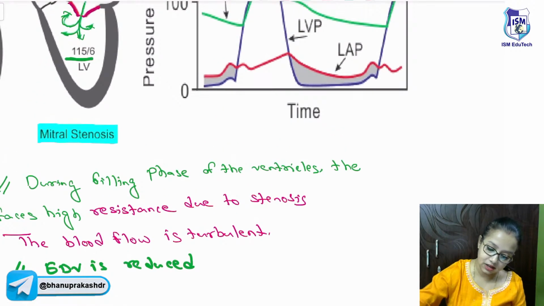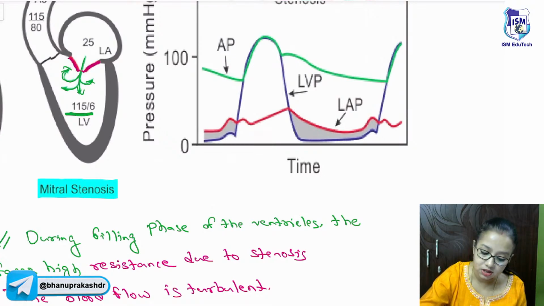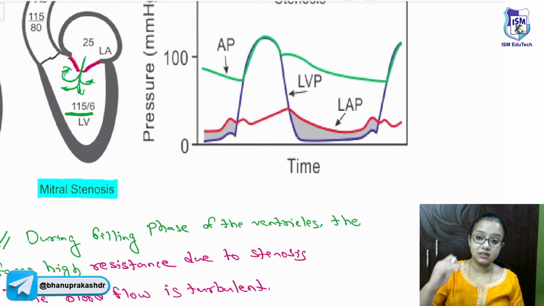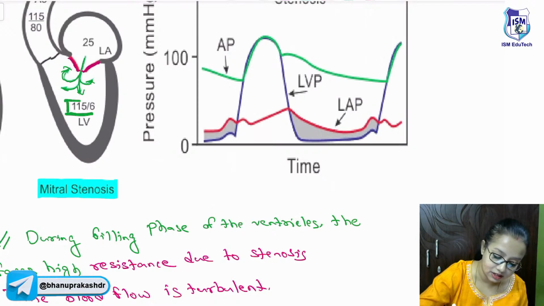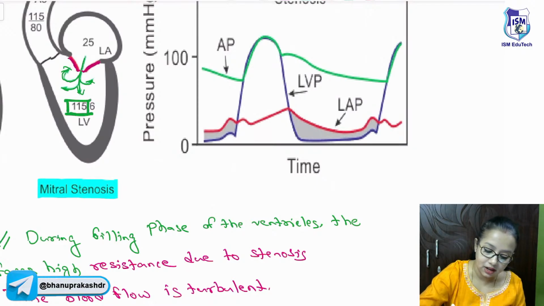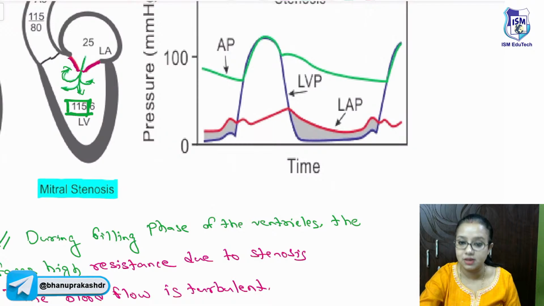Since the end diastolic volume is reduced, the pressure is also less. So during the isovolumetric contraction, the pressure does not climb in the left ventricle as well as in the aorta. It does not climb up to 120. It is always lesser than 120 mmHg.